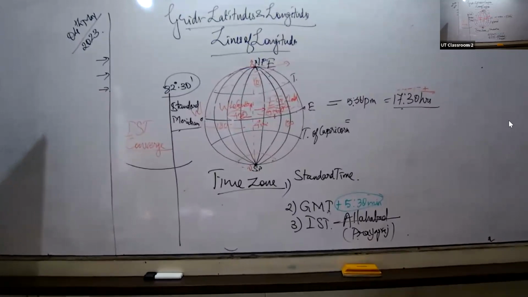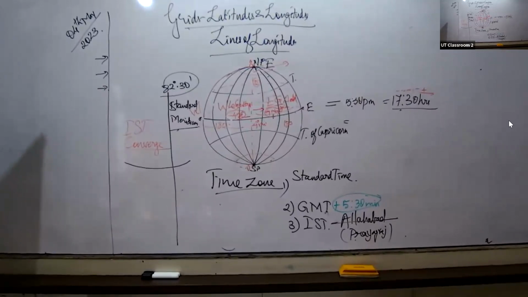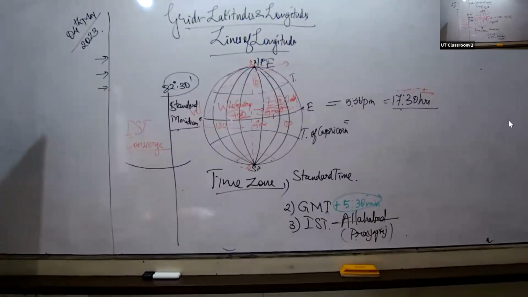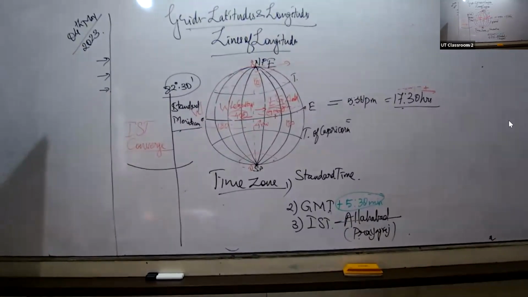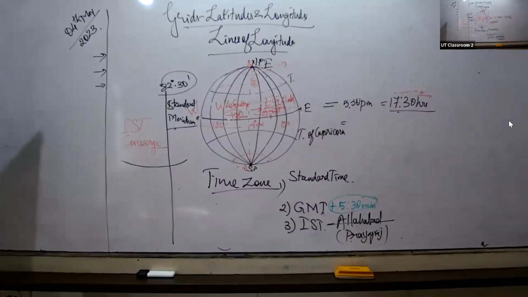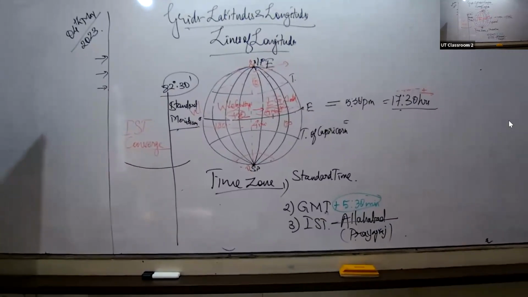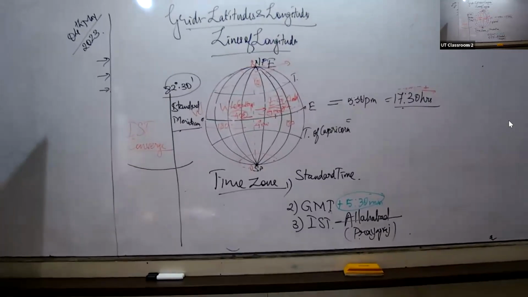I'm giving you some new time. You will do the same sum. Instead of 5:30, you make it as 10:30 p.m. समझा? 10:30 p.m. He is addressing in India at 10:30 p.m. What is the time at Montreal?